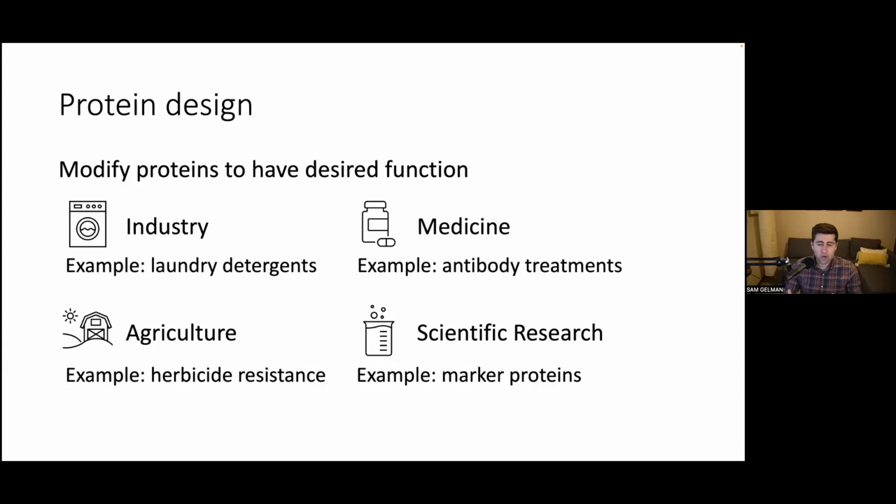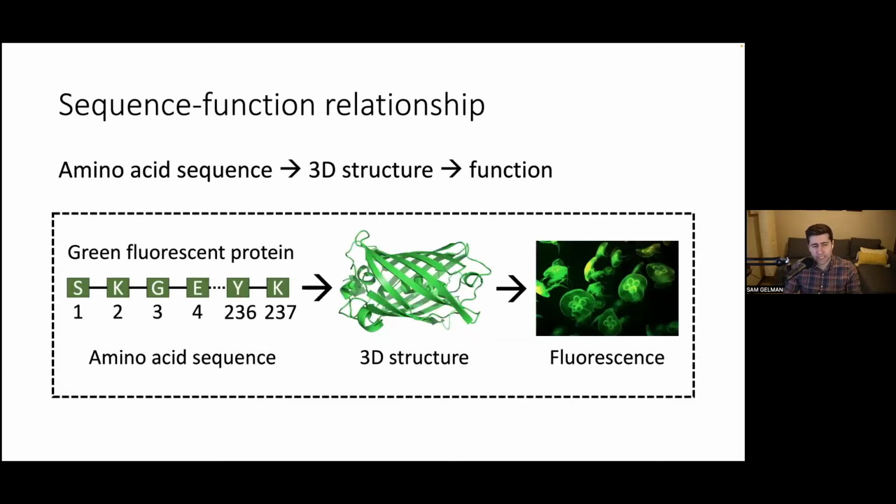To understand how we do protein design, we need to know a little bit about the protein sequence function relationship. Every protein is defined by a sequence of amino acids, and amino acids are smaller molecules that chain together to form the larger protein molecule. There are 20 different amino acids, and each has its own physical and chemical properties.